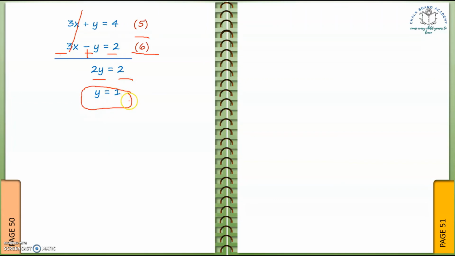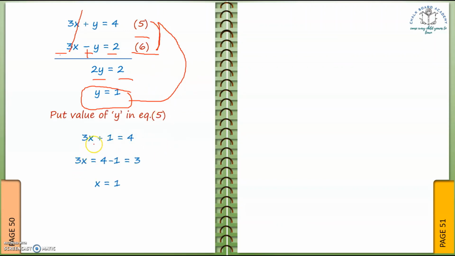Now we can put the value of y in either of these two equations. I am putting the value of y in equation 5. So 3x + 1 = 4, that is 3x = 4 - 1 = 3, that is x = 1. So we got the answer as x = 1 and y = 1.